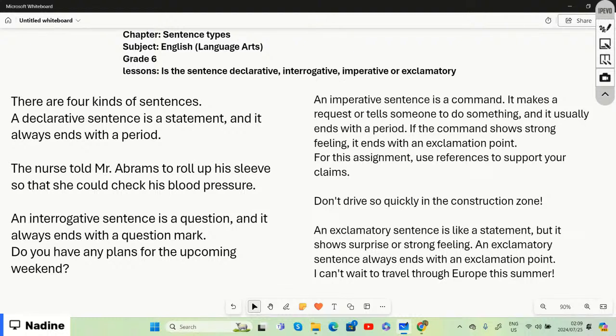That doesn't mean it is a command. It is basically just you asking someone to do something for you, and this is also how you want it.